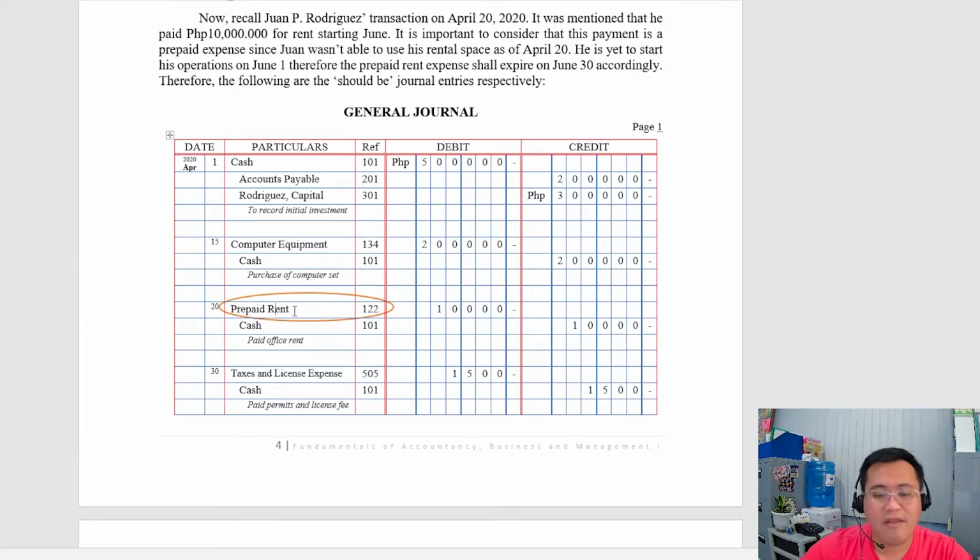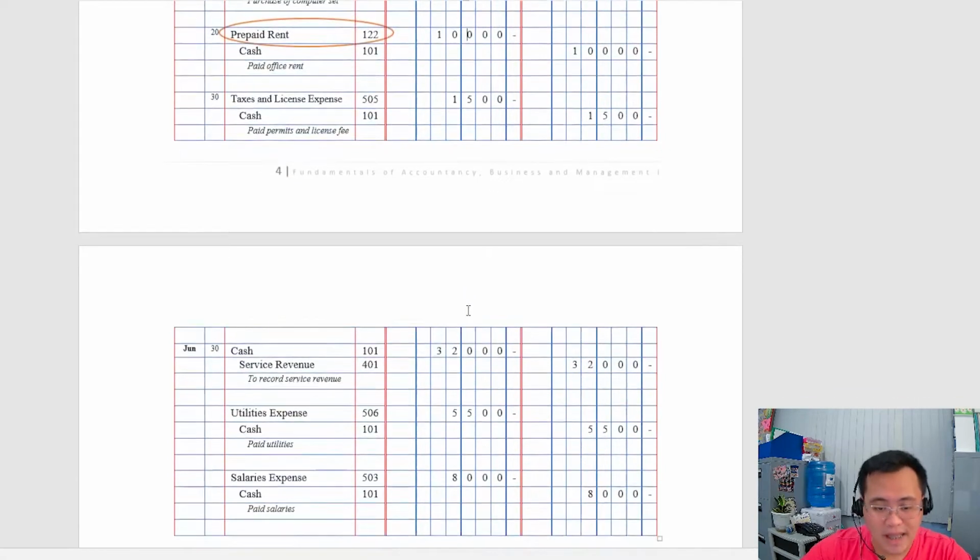Because we have paid 10,000 on April 20, but we have not yet consumed the rent, or we have not yet enjoyed the rent service amounting to 10,000 pesos. That's why on April 2020, we have to record a debit of prepaid rent of 10,000 pesos instead of prepaid expense. Okay? I hope it's clear.